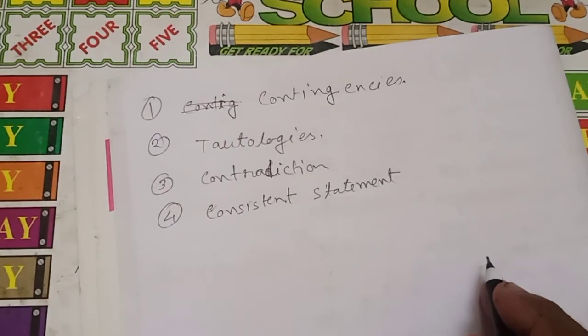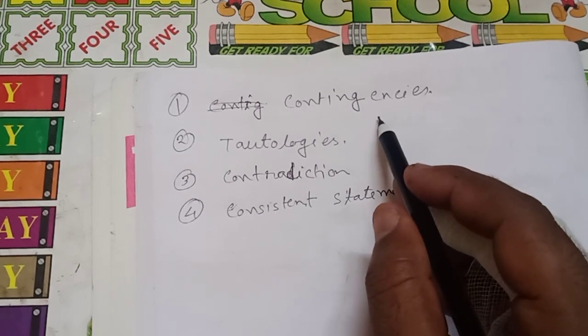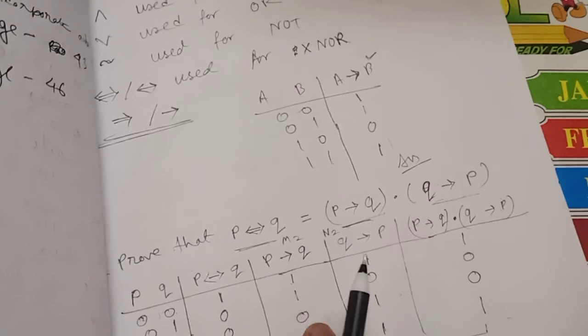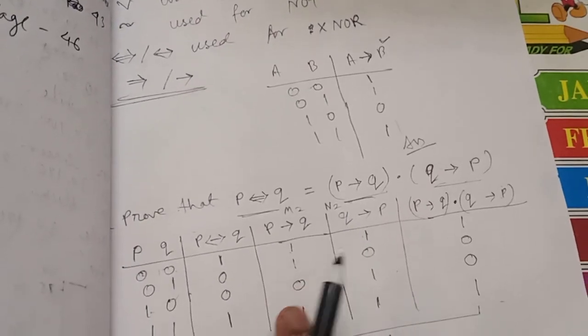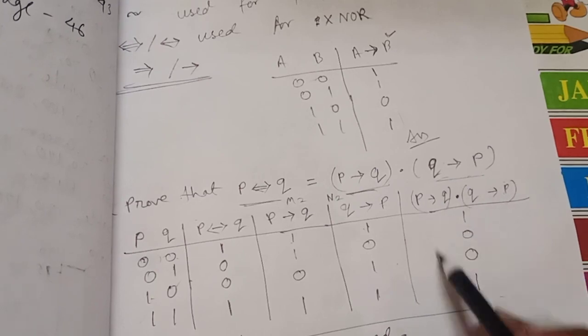Okay, now what's the meaning of this one? We know this one is called a truth table, right? So in a truth table, suppose I'm considering this one as the final output.